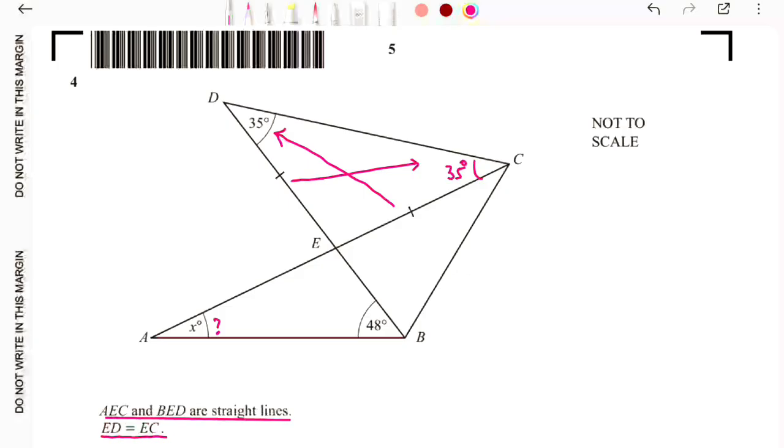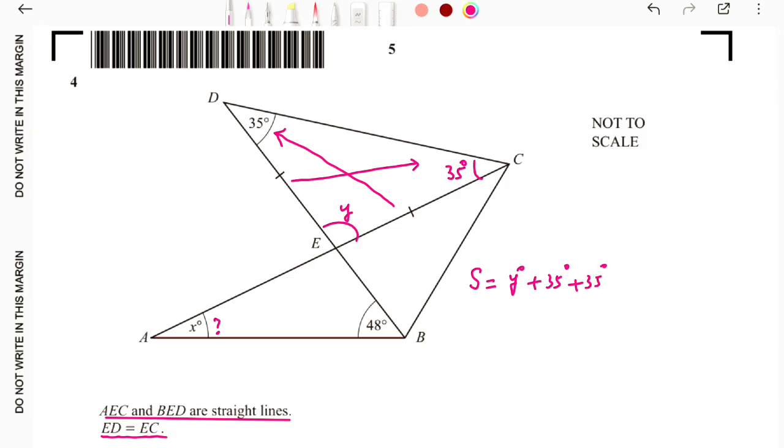Now we know that the sum of interior angles of any triangle is equal to 180 degrees. So by using this property we can find out the other angle, let us say this is angle y. So angle y degree plus 35 degree plus 35 degree.